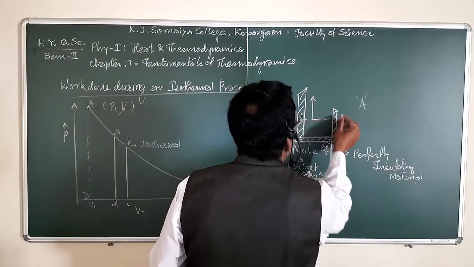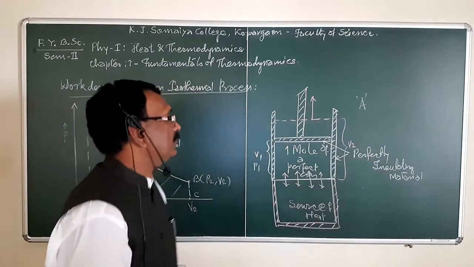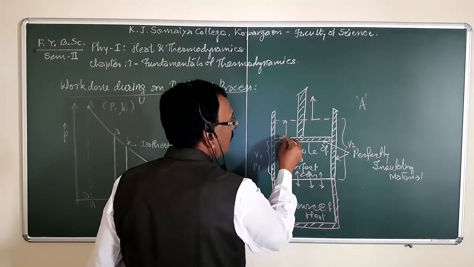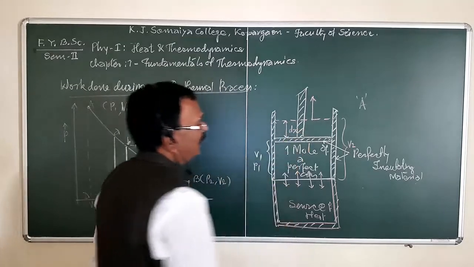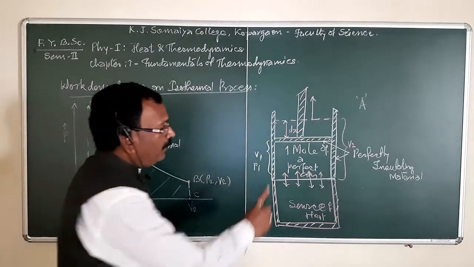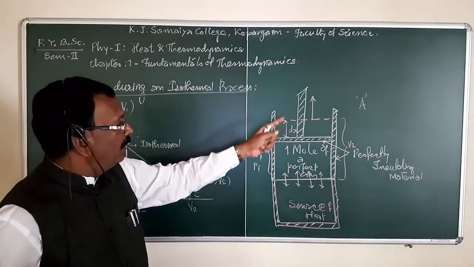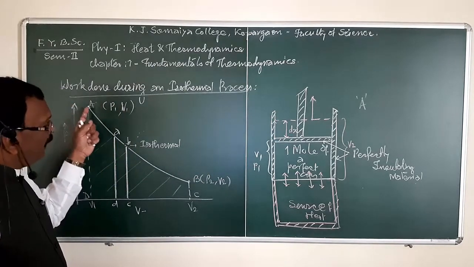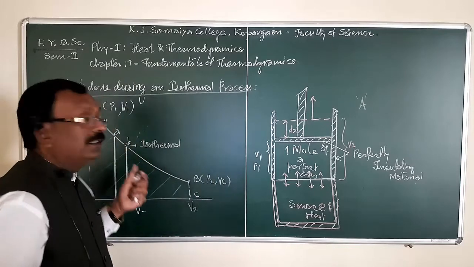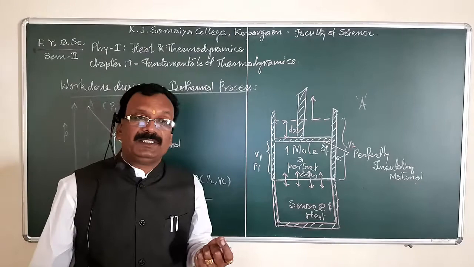This is the final state, where V2 is the volume, and the piston covers the distance dx. When the system goes from A to B, this process includes a number of infinitesimal changes.